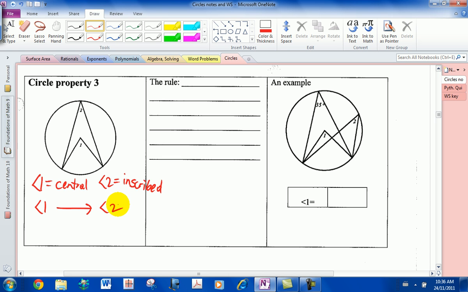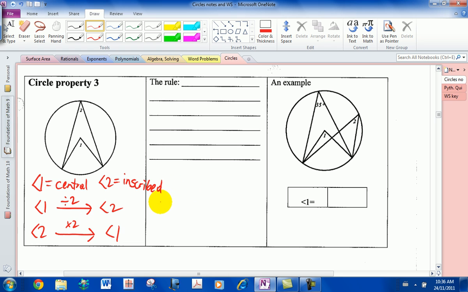How do we go from a large angle to the smaller angle? Mandy? Divide by 2. What if we start with angle 2 first, and we go to angle 1? So we're going from the smaller one to the larger one? Simon? Multiply by 2. Okay?